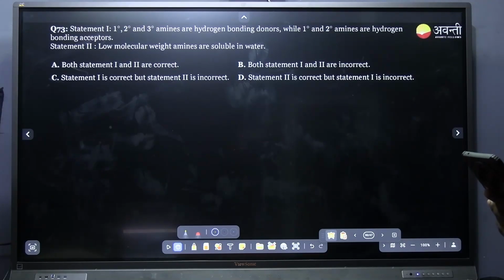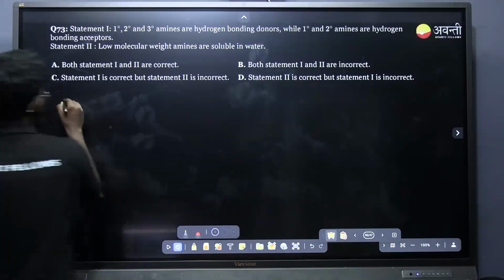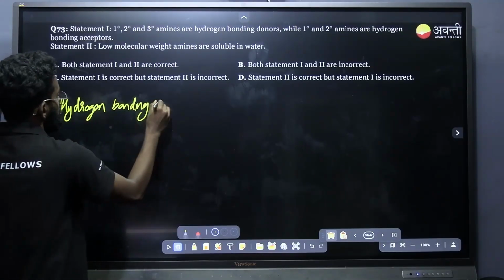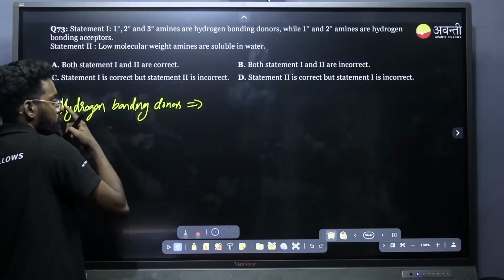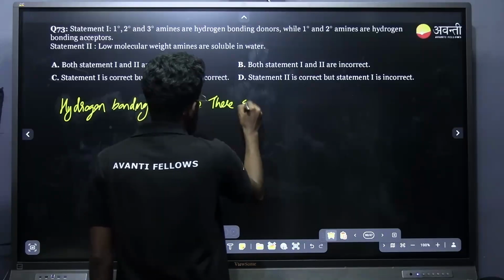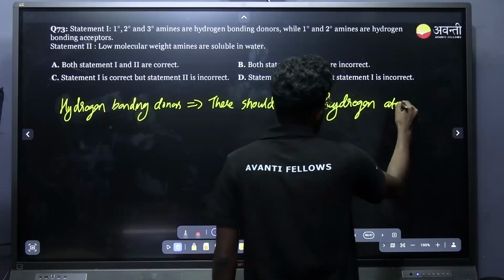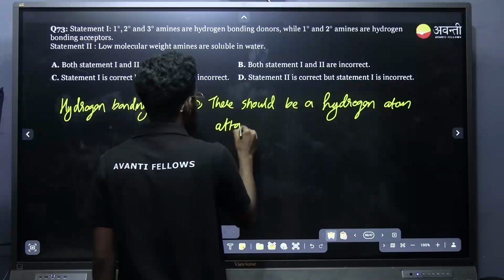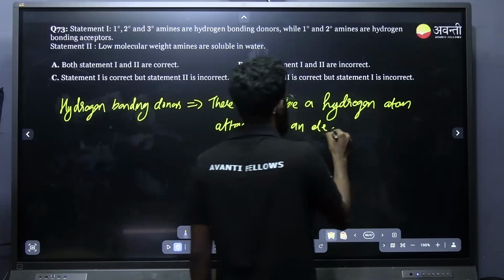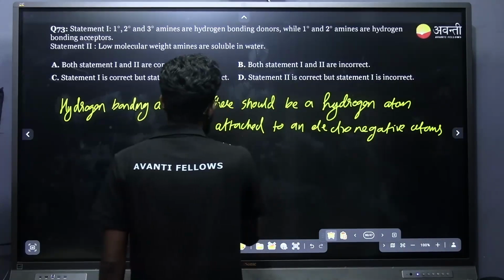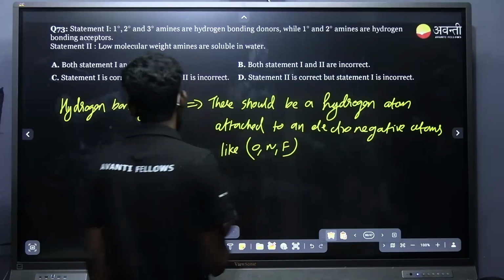First of all, you should know what a hydrogen bonding donor is and what a hydrogen bonding acceptor is. For a hydrogen bonding donor, there should be a hydrogen atom attached to an electronegative atom like oxygen, nitrogen or fluorine. That is what a hydrogen bonding donor is.